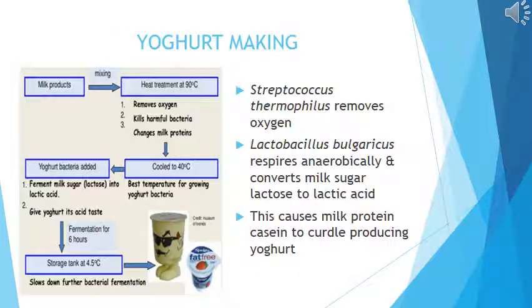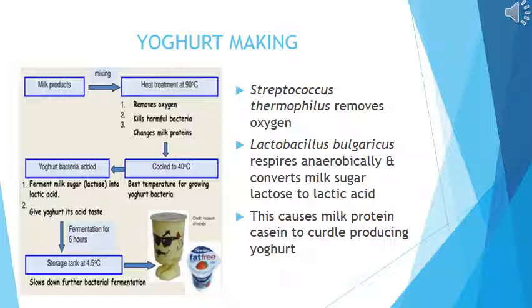In the case of yogurt making, milk is boiled. During boiling, oxygen is removed and the harmful bacteria are killed. The milk is then cooled to 40 degrees centigrade, which is the best temperature for growing the yogurt bacteria. A culture of bacteria is added at this stage.